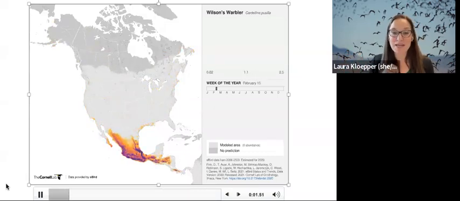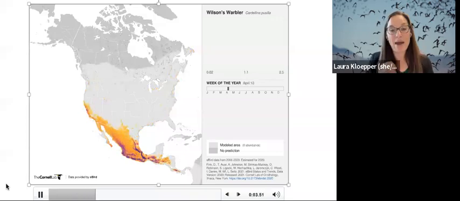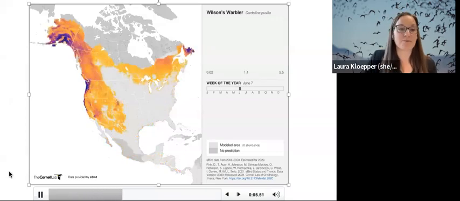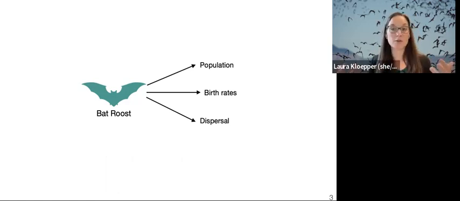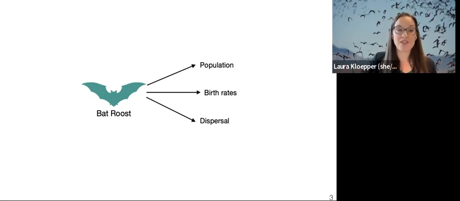And for the beginning part of my talk, I'm going to use a bat as the model organism for this. So I want you also to imagine a future in which, by monitoring a single bat roost or a bat cave, we can not only get information on the population at that bat cave, but we can also get information on the birth rates at that bat cave. And furthermore, information on the dispersal of where those bats are going to other bat caves.